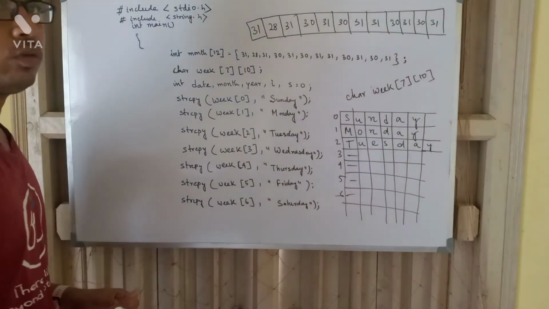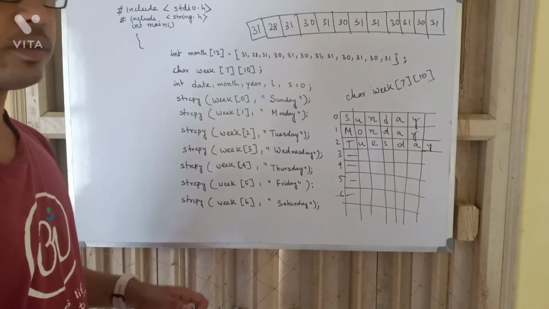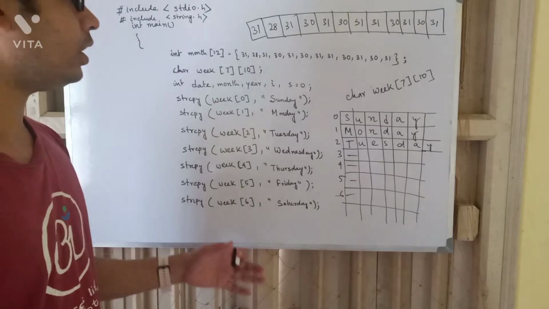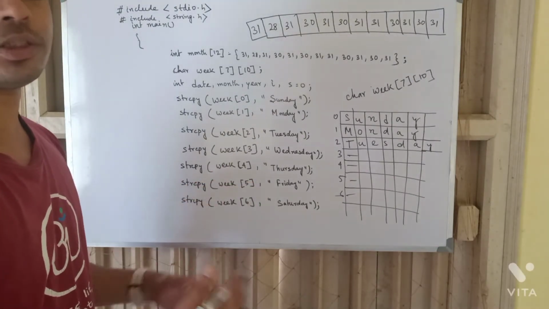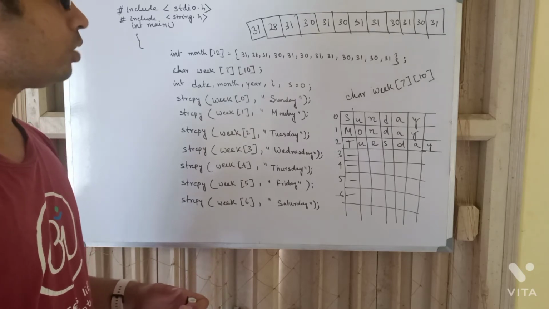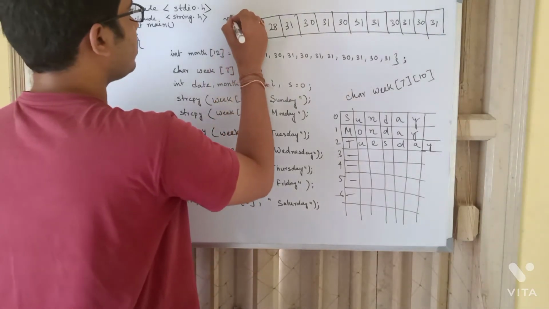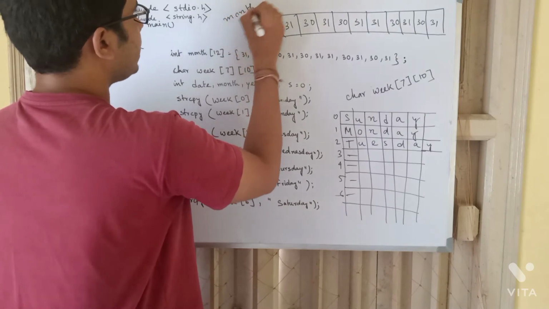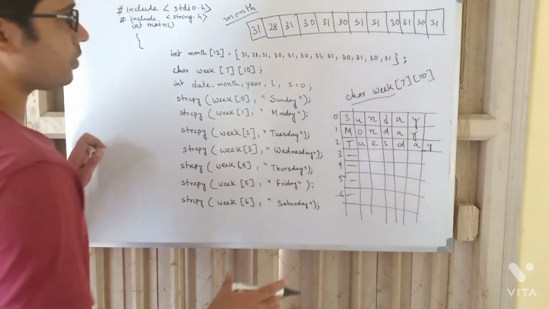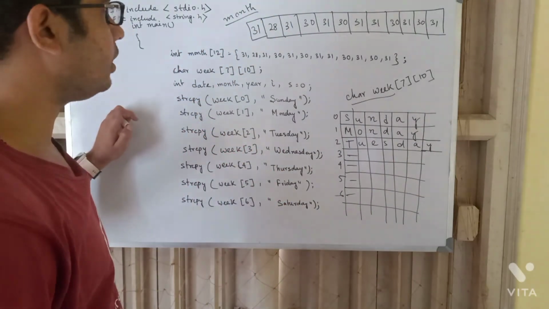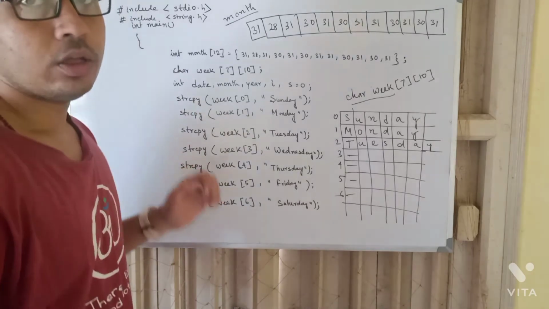Then we are going for the actual logic. In the next part we are going to see the actual logic behind how we are going to find the elements and run the program. The month array and the character array week are created. After that, we will show you the actual logic.